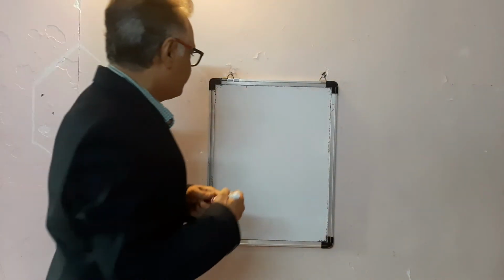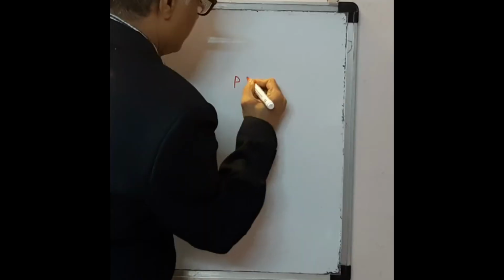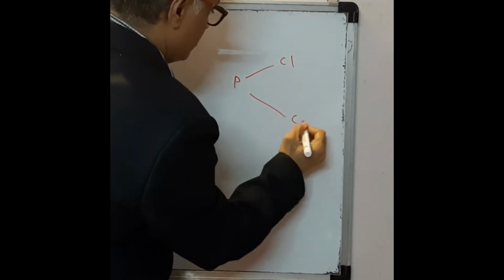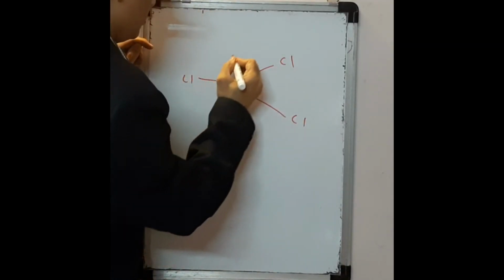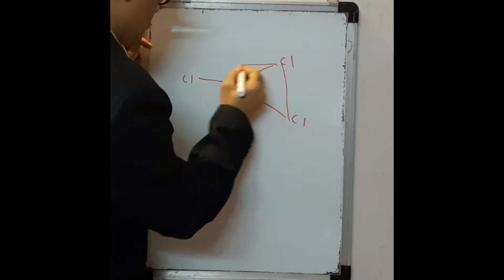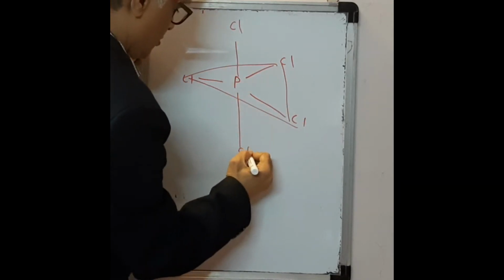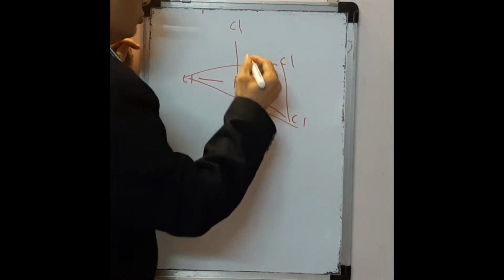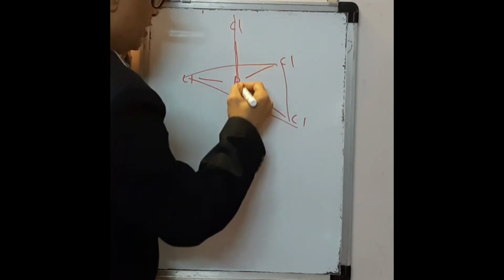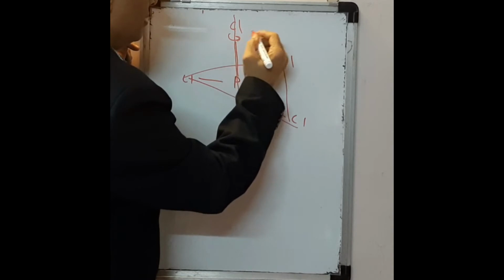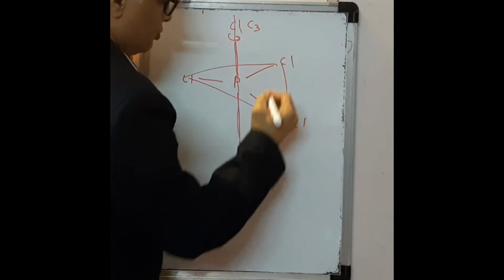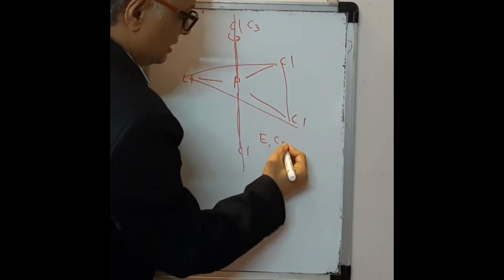Here this can be explained with the help of this figure. So this is considered to be our C3 axis. So it contains E, C3.